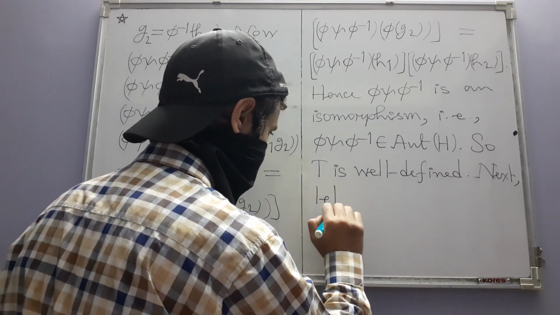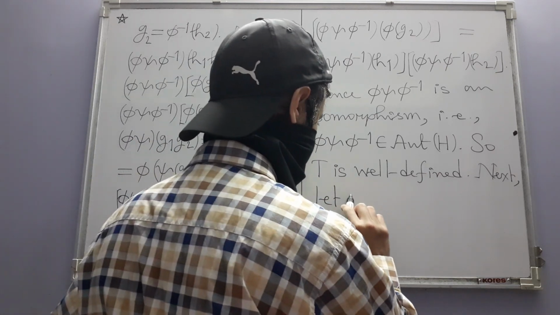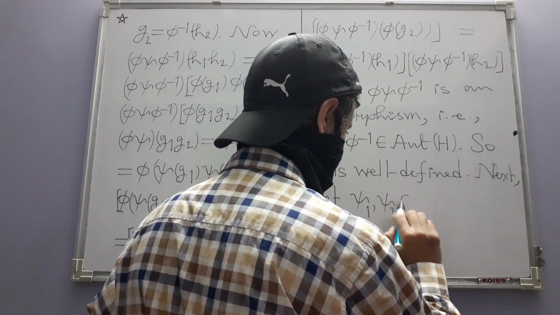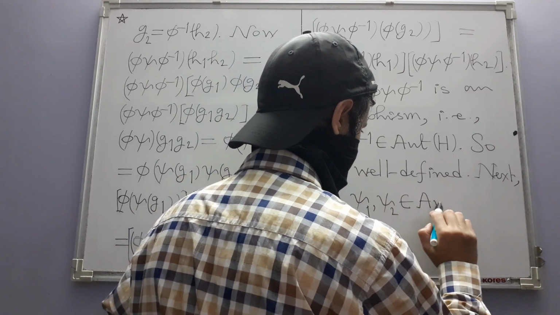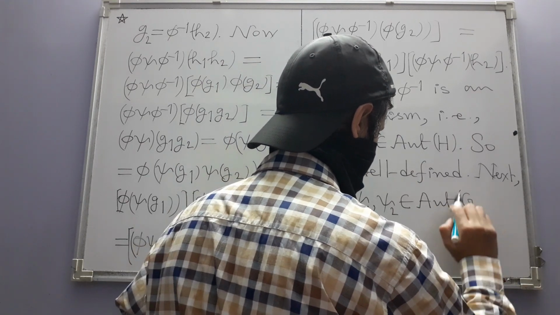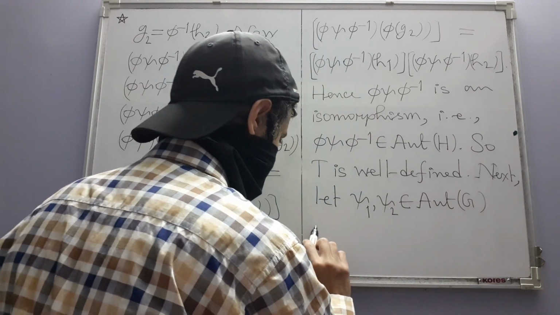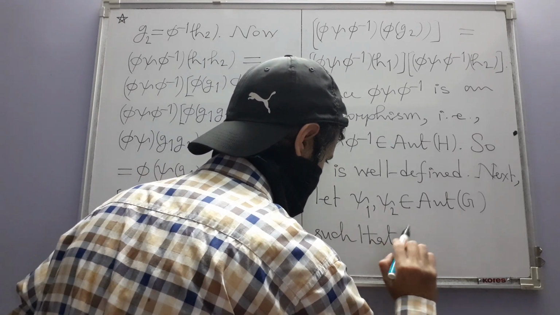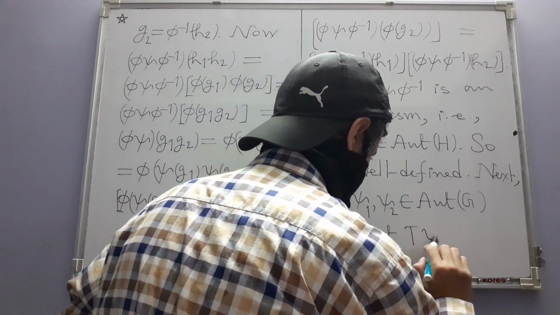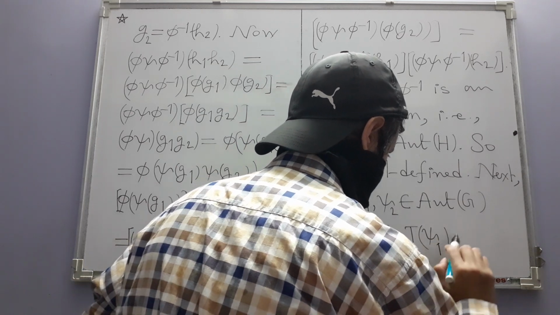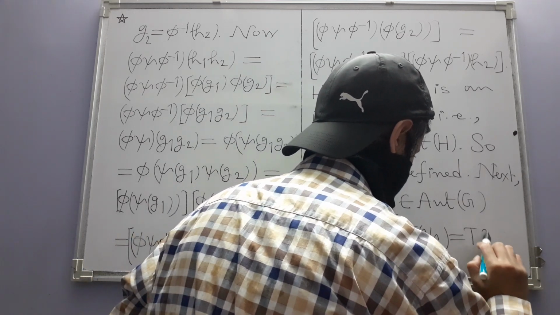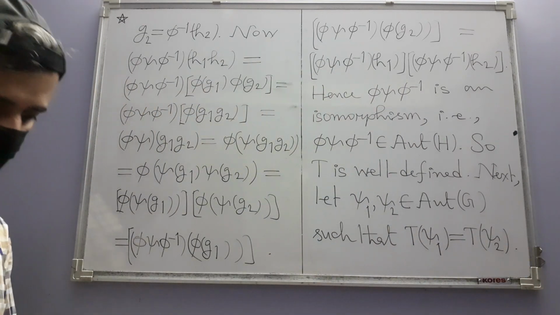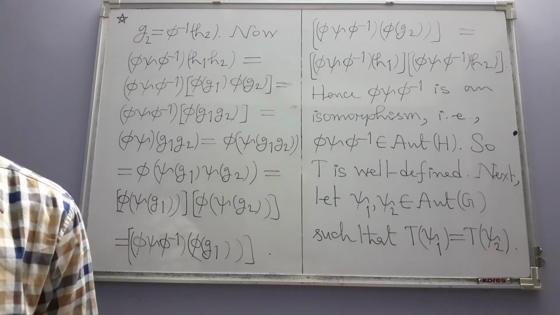For that, let psi1 and psi2 be two automorphisms of G such that T of psi1 is equal to T of psi2. Our aim is to show that psi1 is equal to psi2.